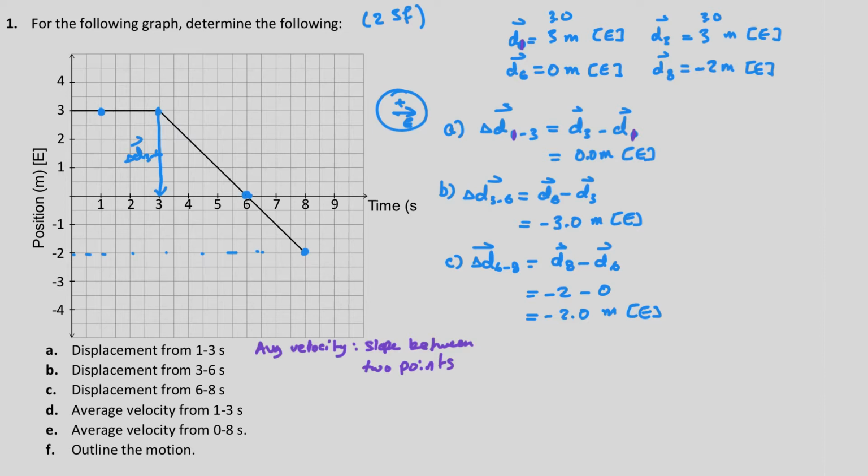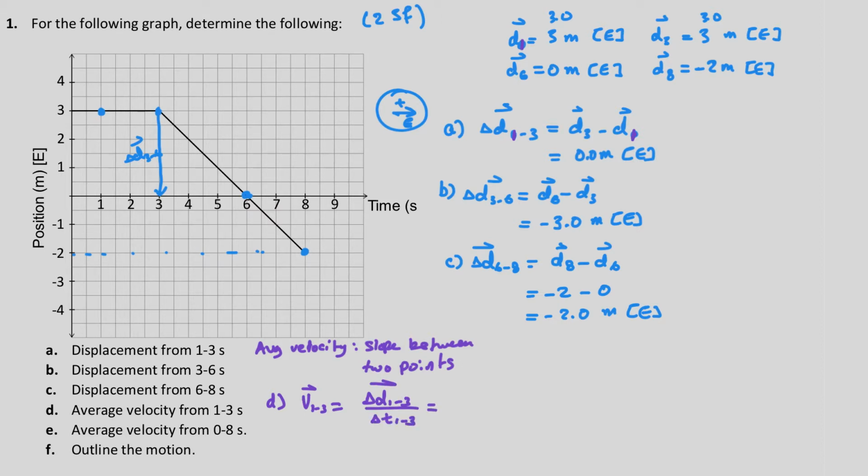So for part D, the average velocity between those 2 points, between 1 and 3, is going to be the displacement from 1 to 3 over the time it takes for that to happen.